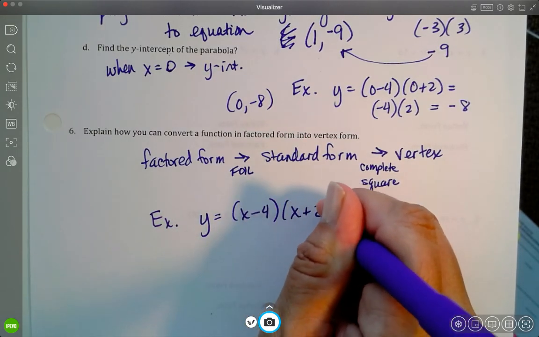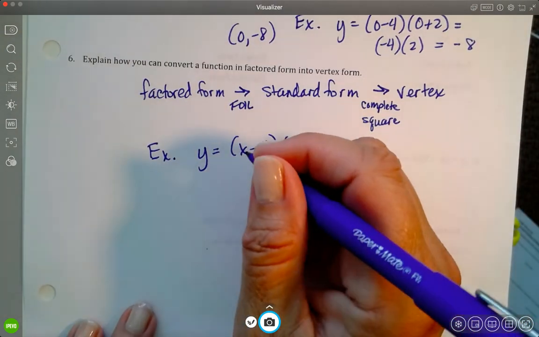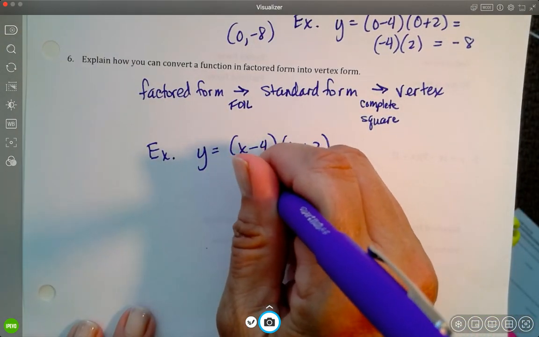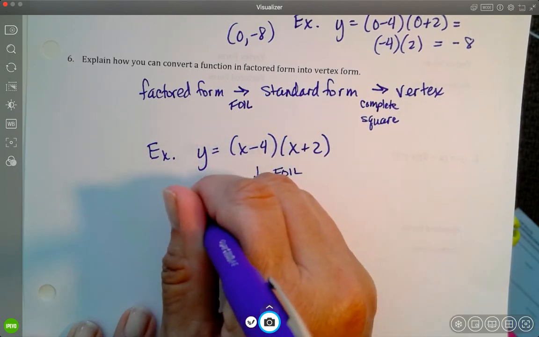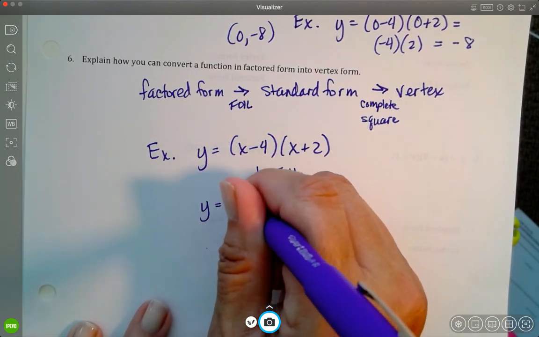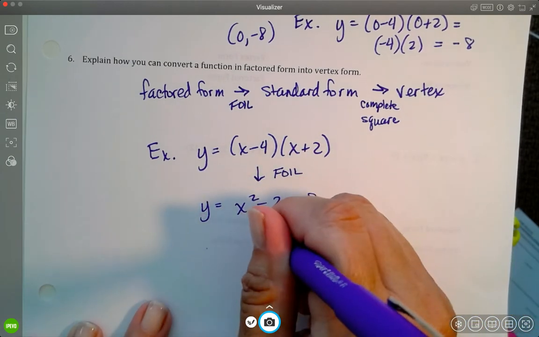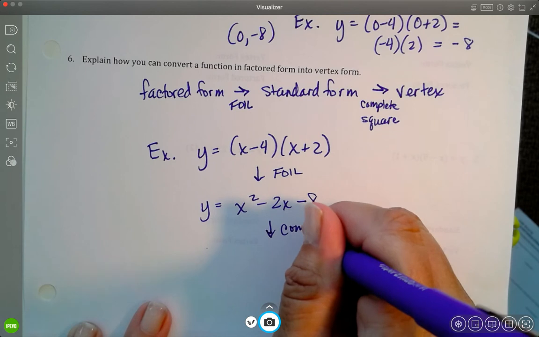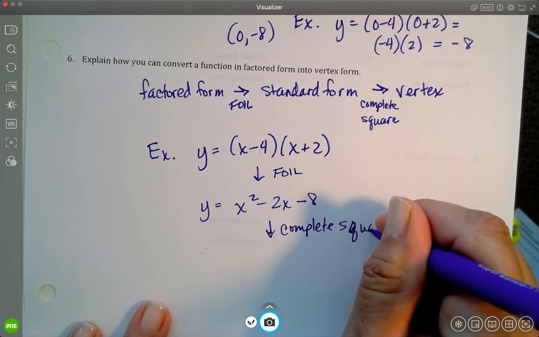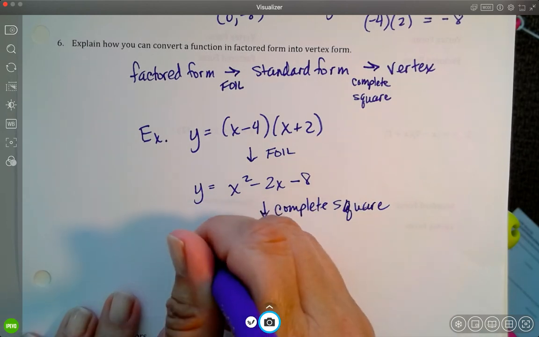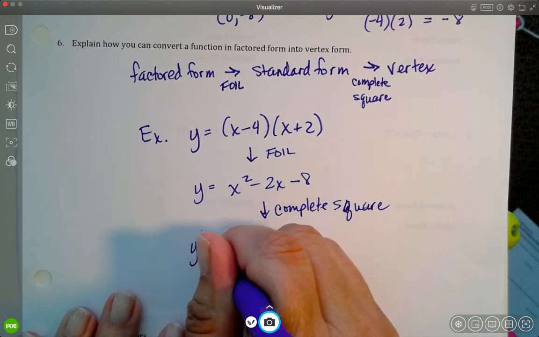This was our factored form, right? And then I'm going to change it. I'm going to go ahead and FOIL it to make it standard form. x squared minus 2x minus 8. And then I'm going to complete the square to make it vertex form. So I'm going to do y equals x squared minus 2x.